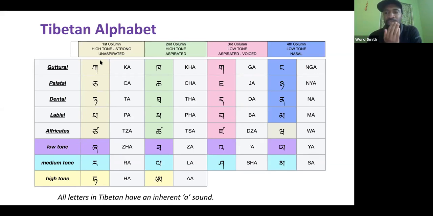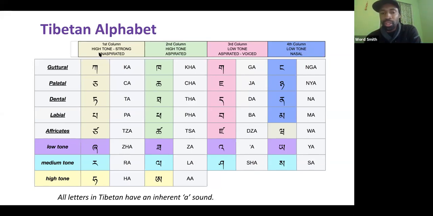Okay, now do the same thing and say, ga, ga, ga. This is guttural. It means the back of your throat makes the inflection, and you shouldn't feel a puff of air touching your hand. Ga, ga, ga.